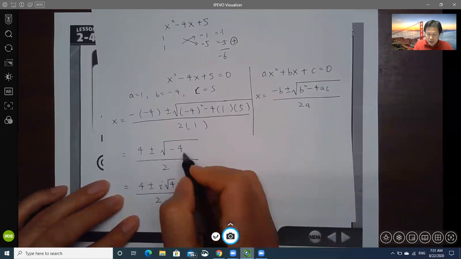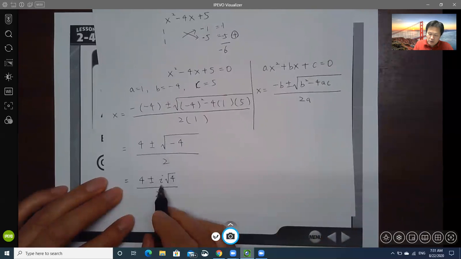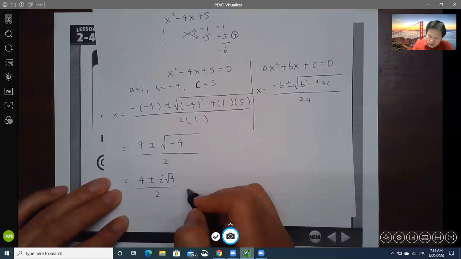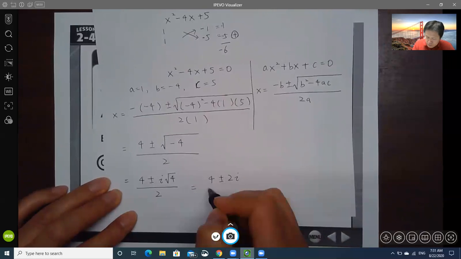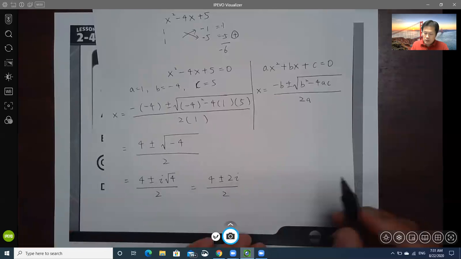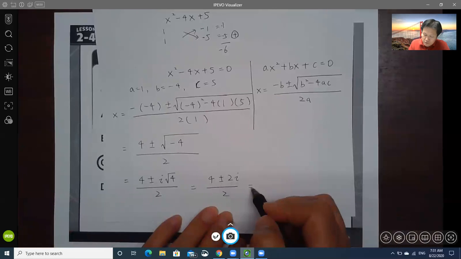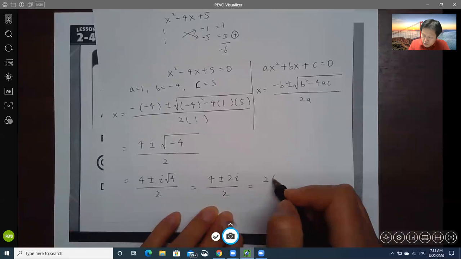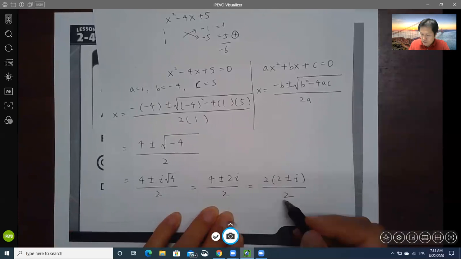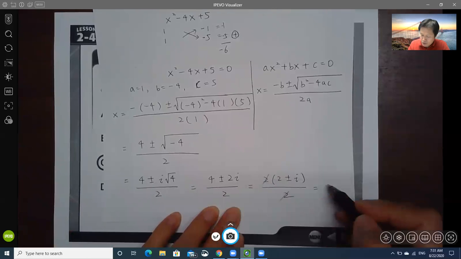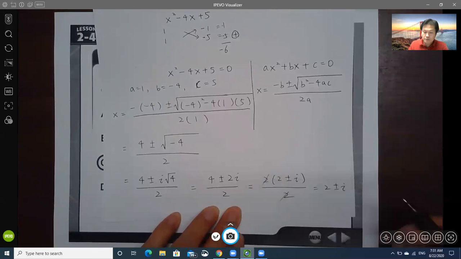Square root of 4 is 2. So you can factor out 2 from the numerator, then you cancel numerator and denominator. So you get 2 plus or minus i.